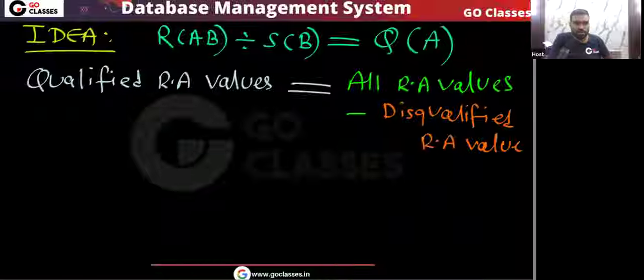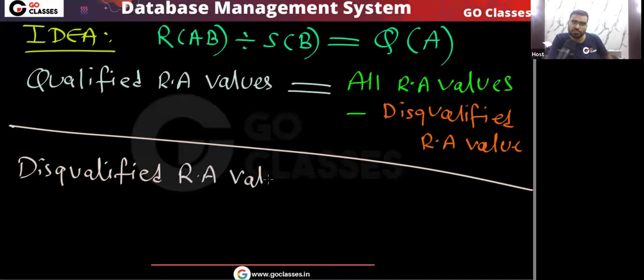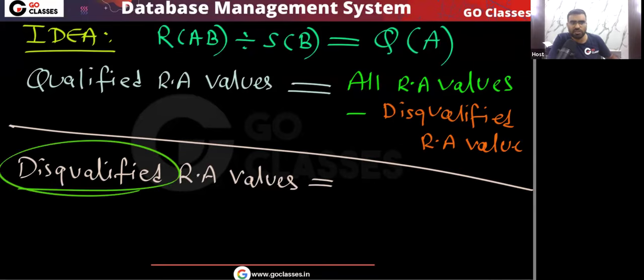Okay, now how to find these disqualified R.A values? So let me tell you. If I want disqualified R.A values, which values will be disqualified? Those which ideally should have been present, but are not actually present.